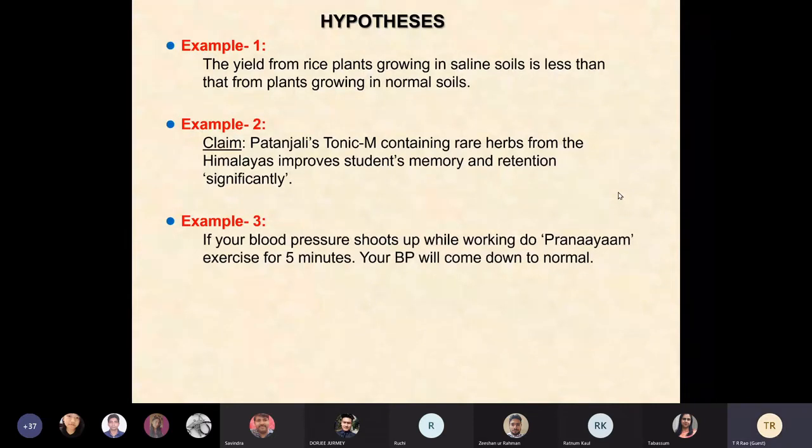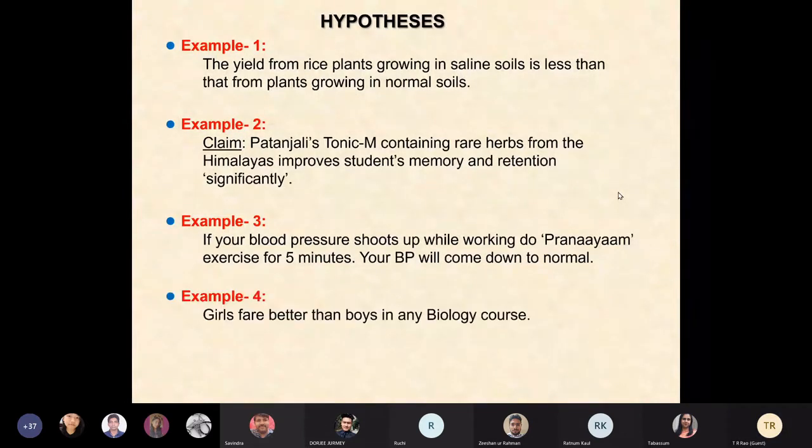Somebody suggests that while you're working, you have some nasty discussion or fight with your boss, and suddenly your BP goes up. Simply do pranayam, cool down for 5 minutes, everything will come down to normal. That's a hypothesis which 50% of the students may not agree.